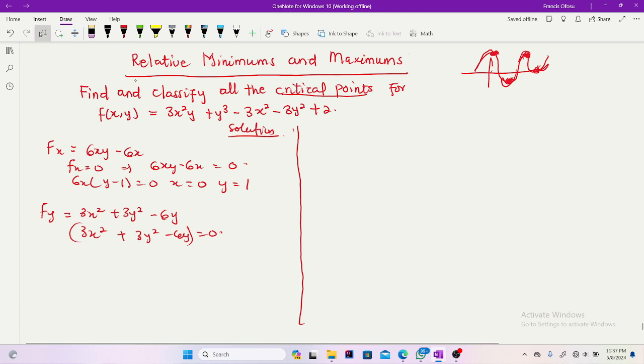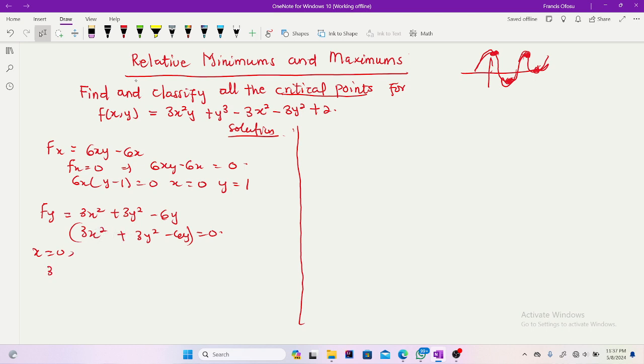Now once we have got this, from our first result we have x to be 0, we have y to be 1. So these are two key coordinates we found, for us to get the corresponding terms to get a complete point. In this case, when x is equal to 0, my fy will become, I'll put x equals 0 here.